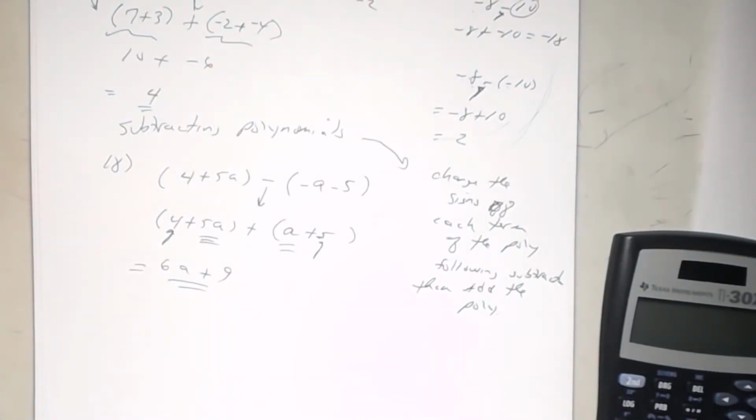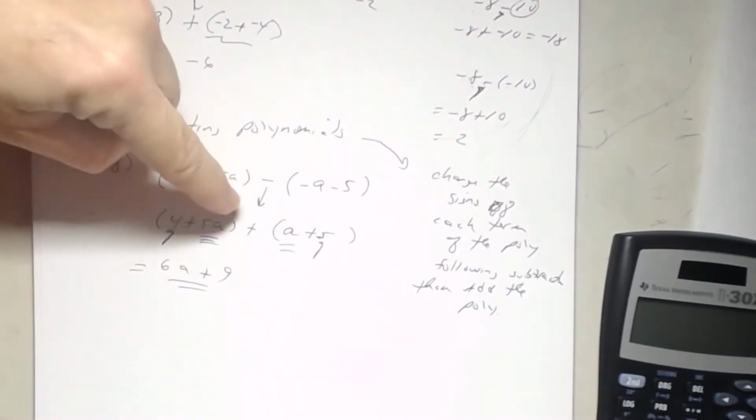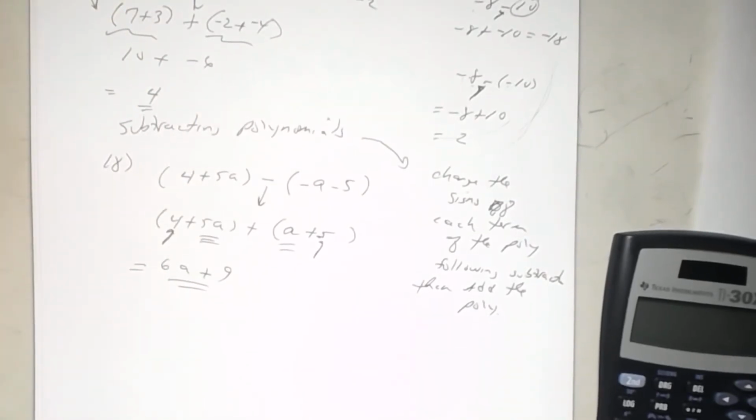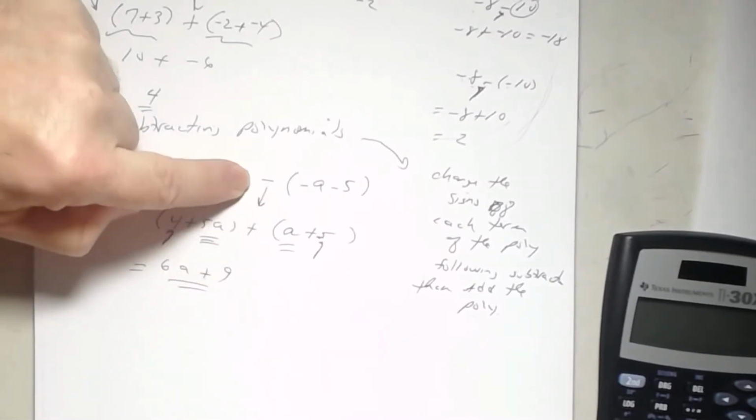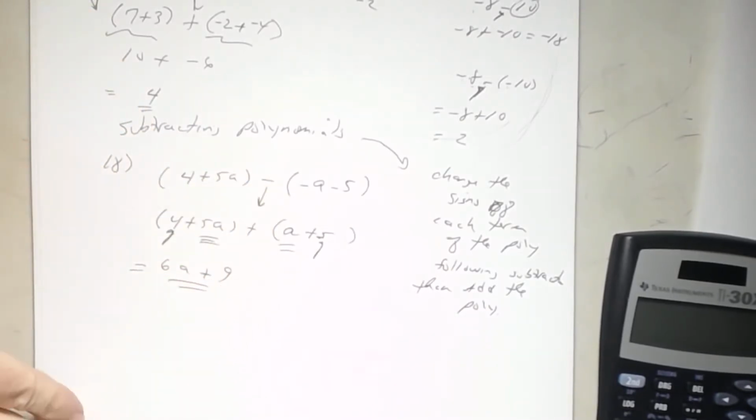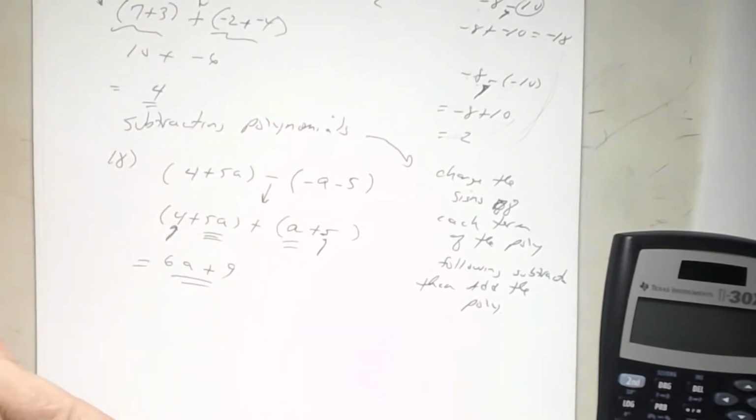All right, so it's not difficult. Just one little thing you have to do, and then it looks like the previous problems we did. So you're going from subtraction to what? Addition. So you're going from subtracting two polynomials to adding two polynomials.